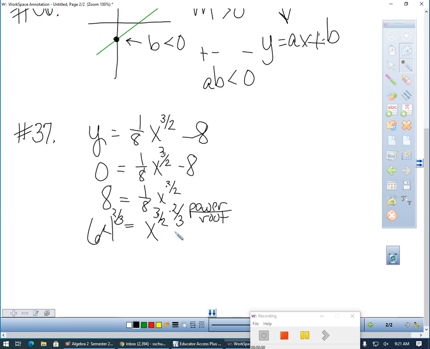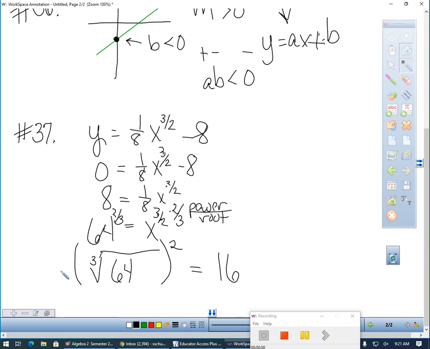Or you can start by doing the square root first. How do you get rid of a square root? You square it. And then you're going to take the cube root to get rid of cubes. Either way, we have this 64 inside a cube root, and it's squared. So the cube root of 64 is 4. And then the square of 4 is 16.